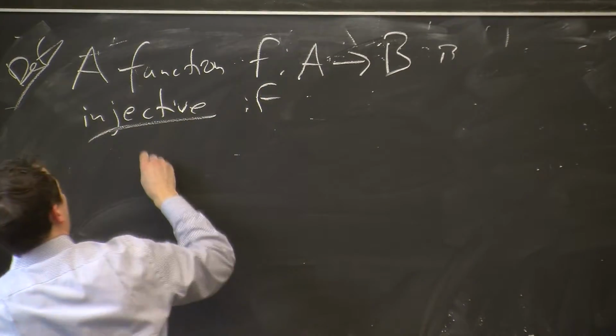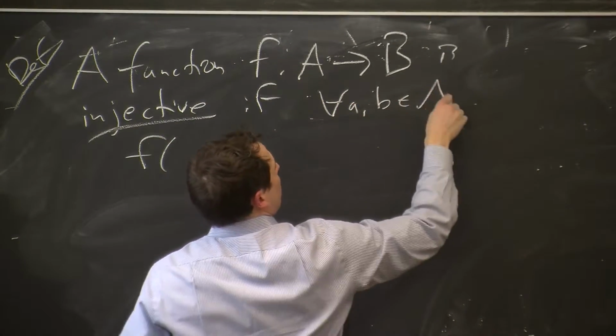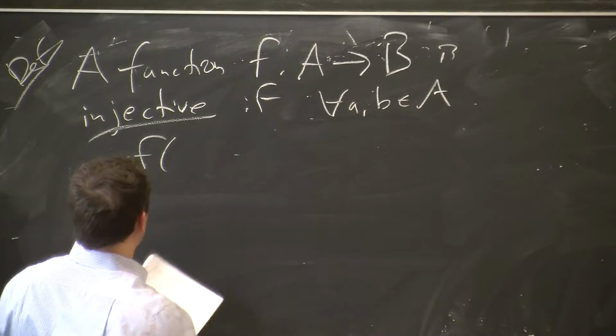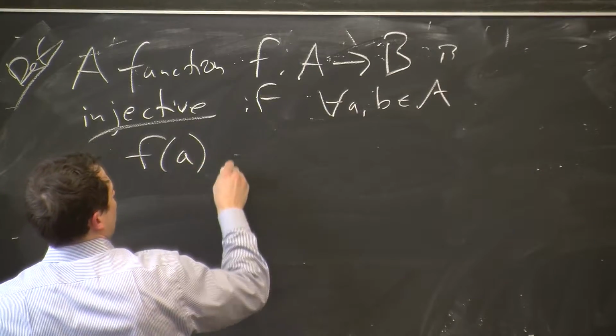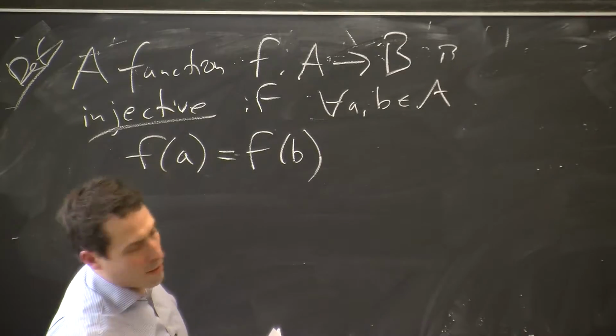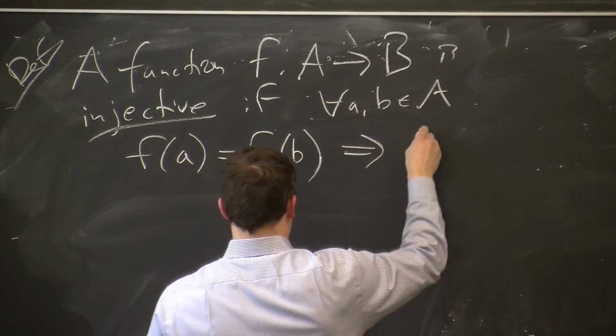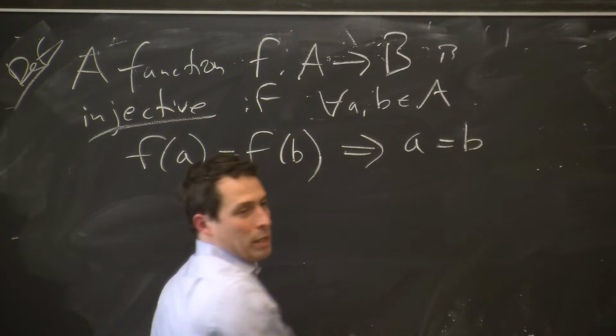if for all a, b in the set A, whenever f sends a and b to the same place, whenever f(a) equals f(b), that implies that in fact a and b were equal.